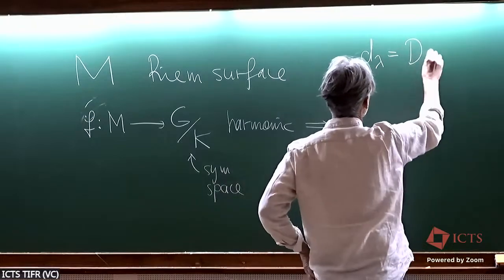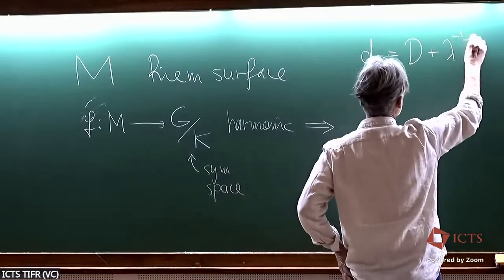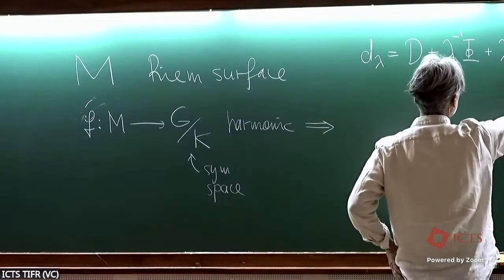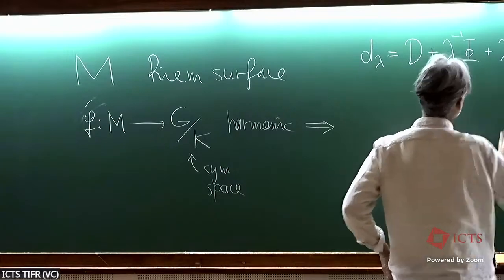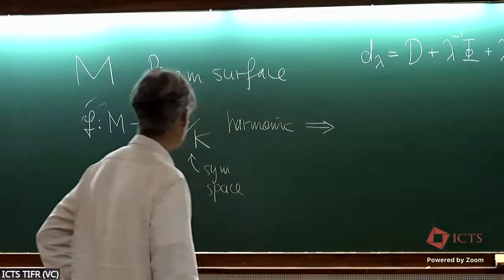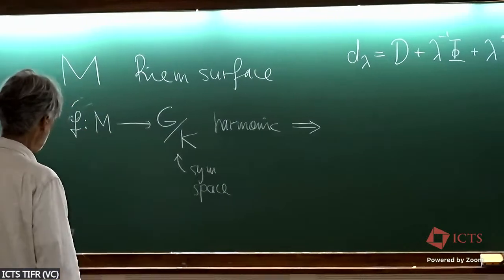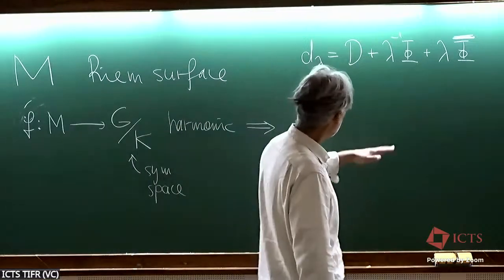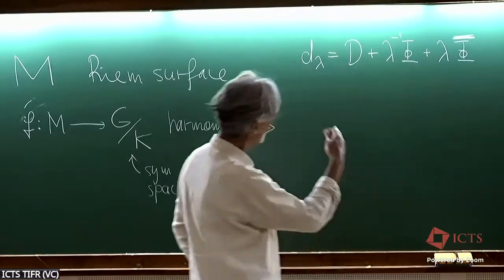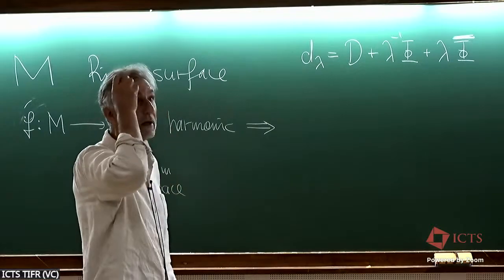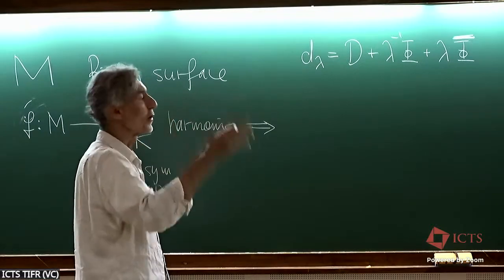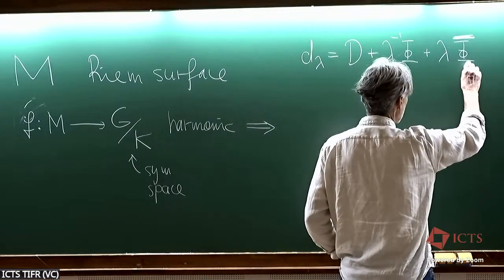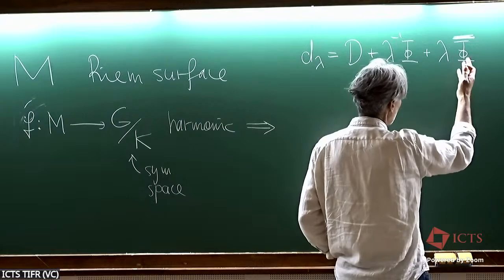So there was some E plus lambda inverse D, and then plus lambda E, and then complex conjugate, where we discussed that complex conjugate, depending on whether this is a compact or a non-compact symmetric space, will have different effects. Usually you should think of this as minus conjugate transposed on a matrix, or just conjugate transposed.